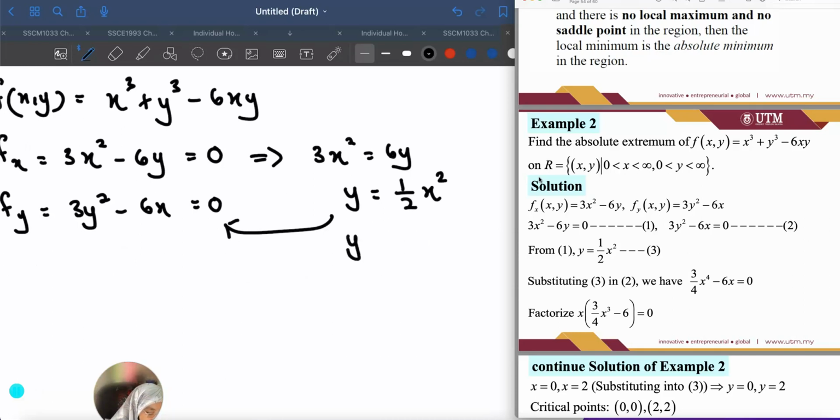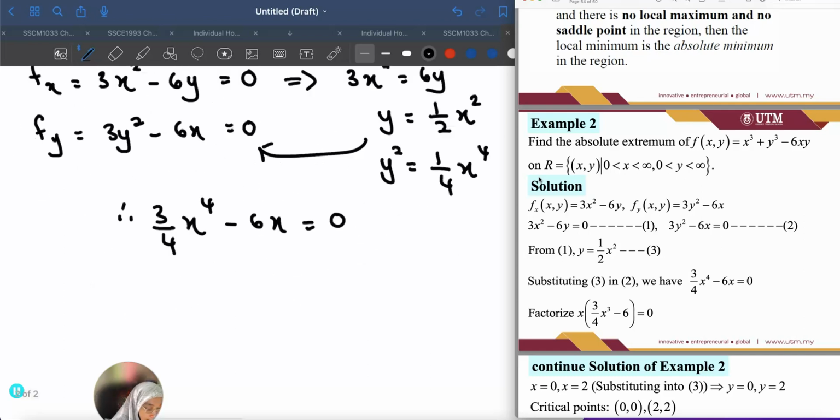So y squared is 1 over 4 x to the fourth. Then I can have 3 over 4 x to the fourth minus 6x equal to 0. You cannot cancel the x straightforwardly, so you have to factorize first. Factorize the x, so you have x times (3 over 4 x cubed minus 6) equal to 0.